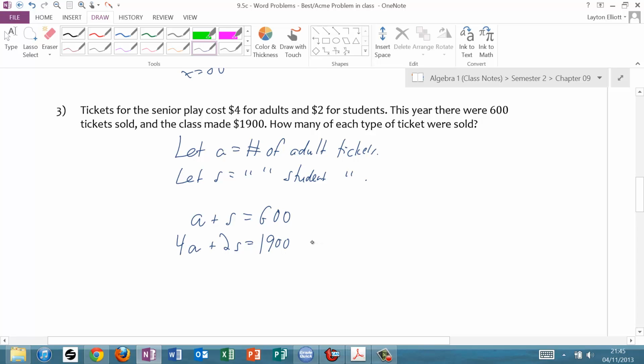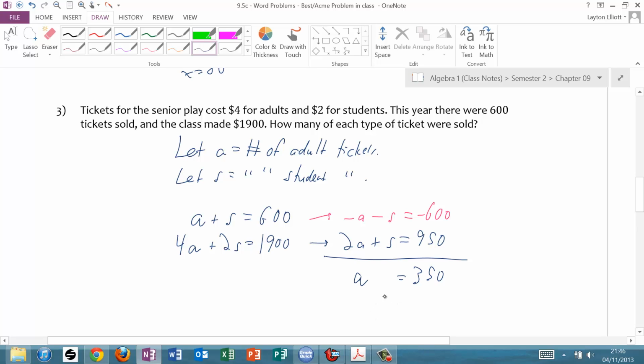Let's do what we just did. We're going to take this equation, divide both sides by 2, and get 2A plus S is equal to 950. Let's take this top equation, multiply through by negative 1, get negative A minus S is equal to negative 600. And then we're going to add these to get A equals 350.